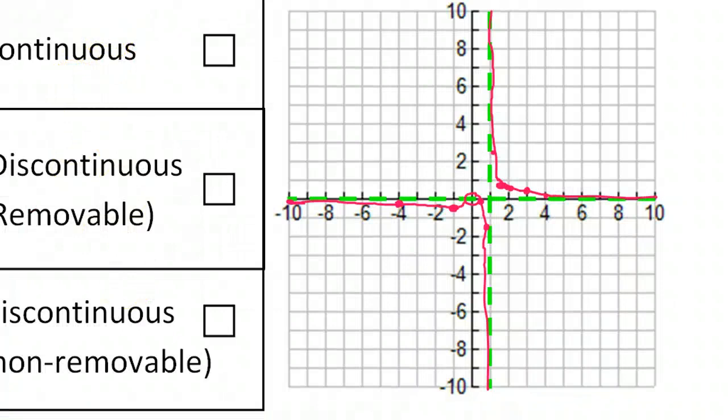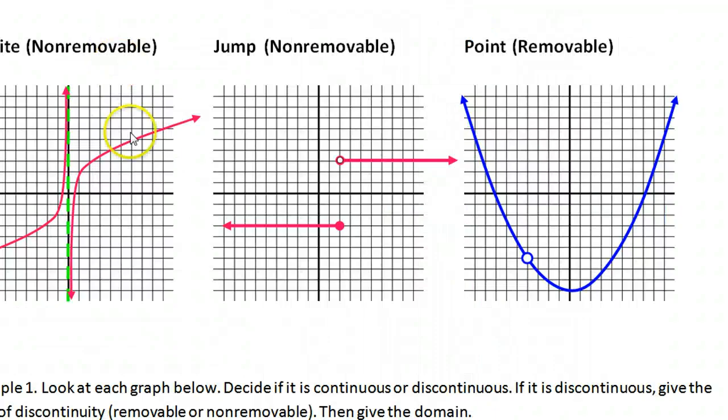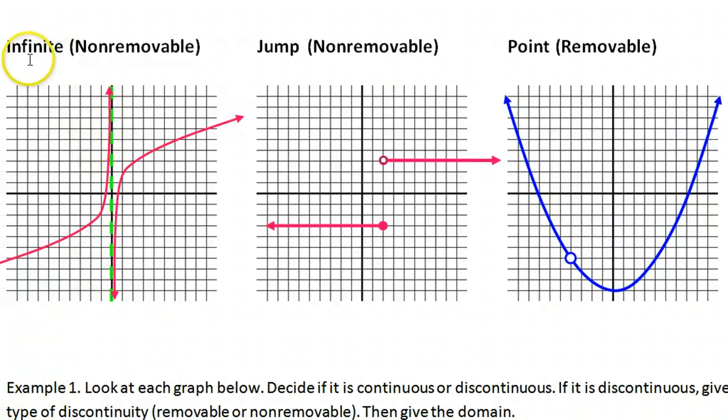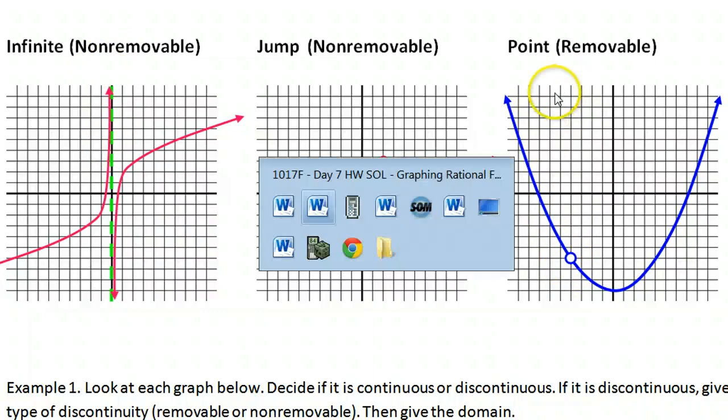And oh yeah, if you have a hole, that's a point discontinuity, which is removable. So we have both. We have the asymptote, an infinite discontinuity, which is non-removable, and we have a point discontinuity, which is removable.